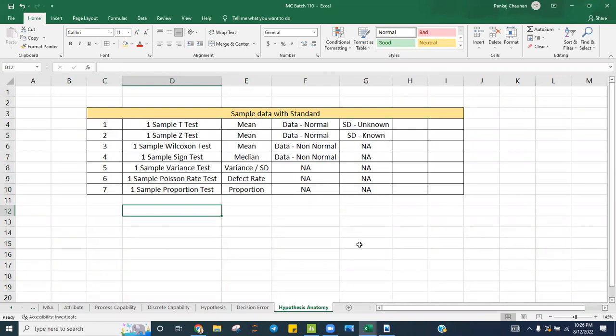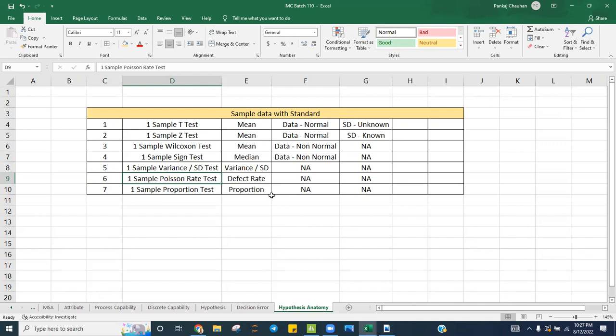In number 6, sorry, I mean number 5, the one sample variance test, we are actually comparing the variance or the standard deviation. So how is the standard deviation not applicable? It is applicable, because you perform only one test, and that one test will give you two values. One, it will give the standard deviation, one, it will give the variance.